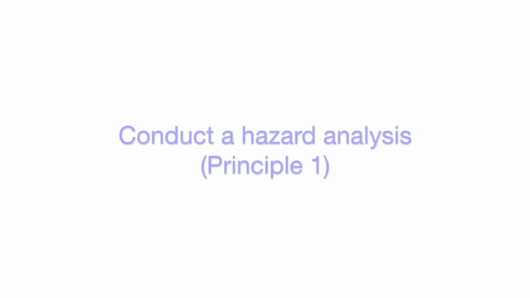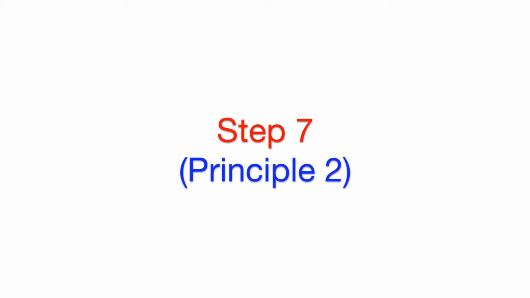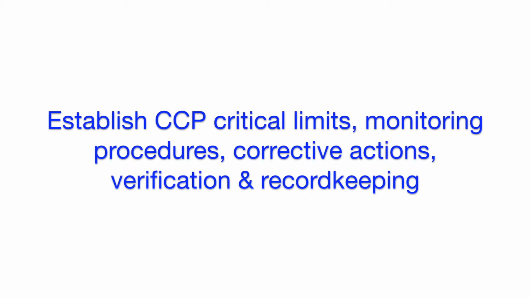Step 6 is where the HACCP team will conduct a hazard analysis. It is also the first of 7 principles. Step 7, which is considered the second principle, requires the identification of CCPs. Finally, steps 8 to 12 will focus on establishing CCP critical limits, its monitoring procedures, corrective actions, as well as verification and record keeping.